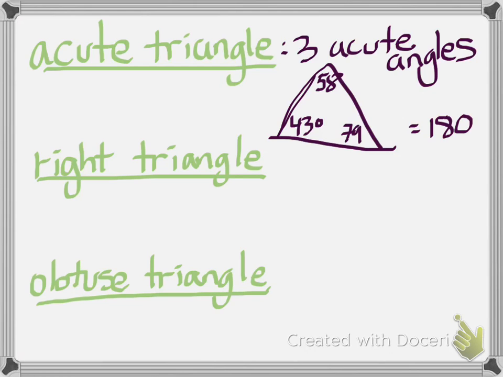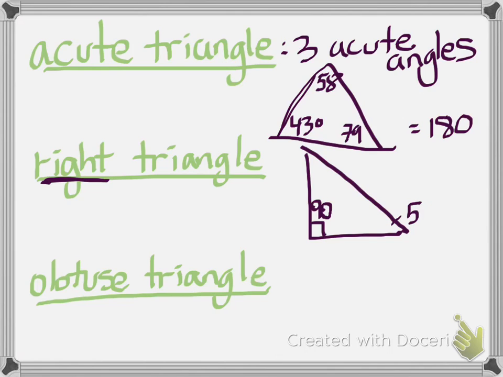A right triangle has a right angle in it. So this angle could be 90, and maybe this one's 50. That would make this one 40. If the triangle has a right angle, then it is called a right triangle.